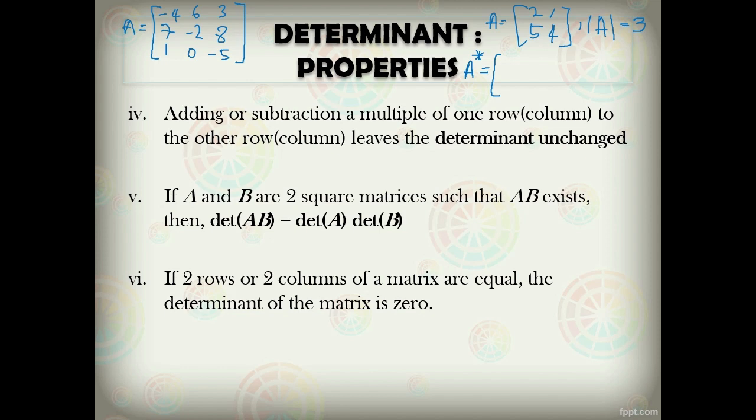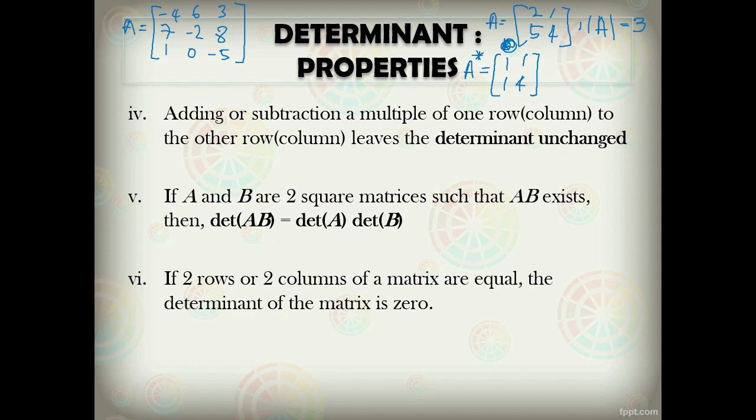So 2 minus 1 is 1, 5 minus 4 is 1, and the second column will remain because we do not change anything in it. We just change the first column by subtracting the second column from it. So the only column that changes is column 1, and column 2 remains unchanged.